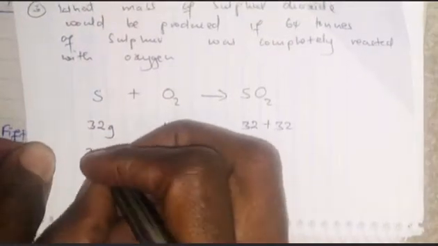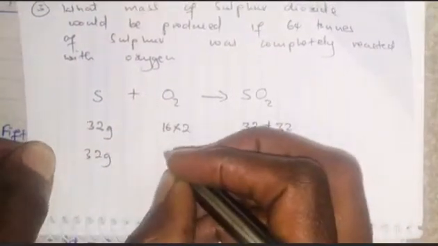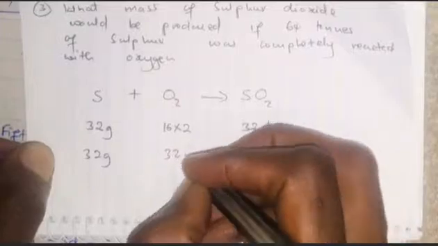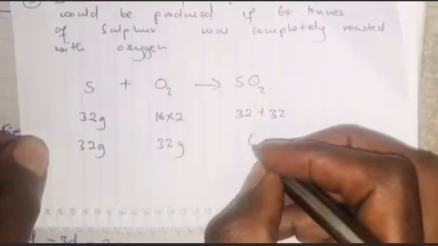So 32 grams of sulfur reacting with 32 grams of oxygen gives me 64 grams of sulfur dioxide.